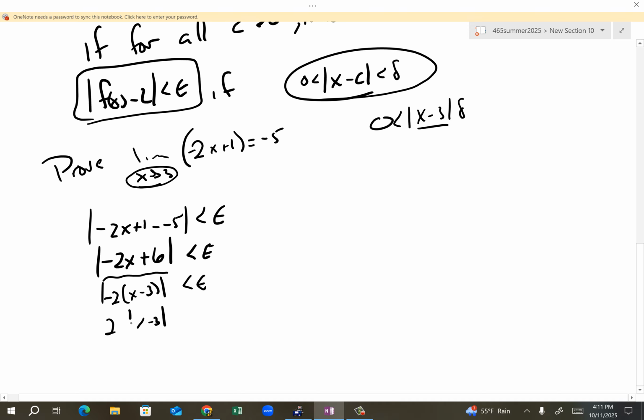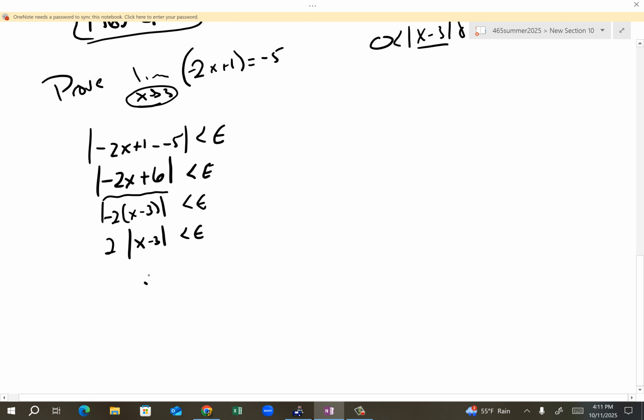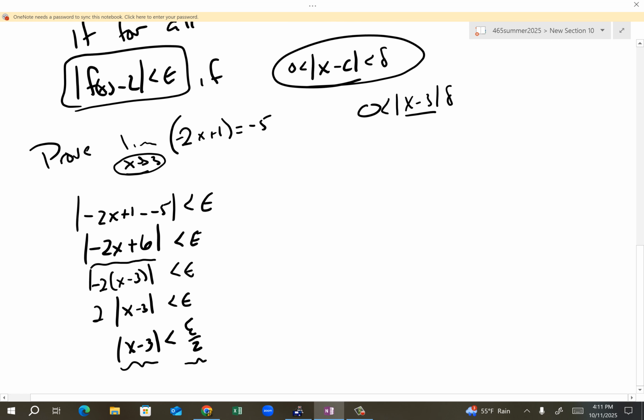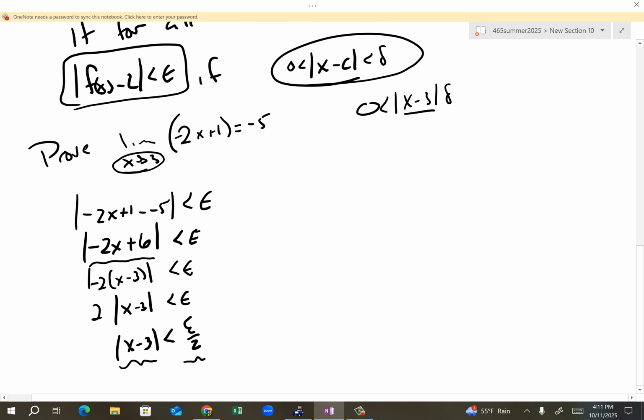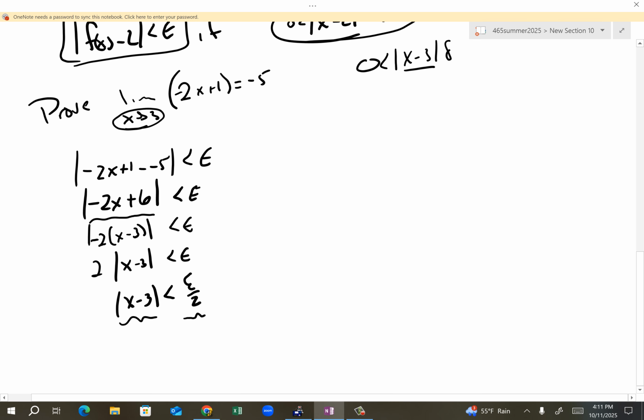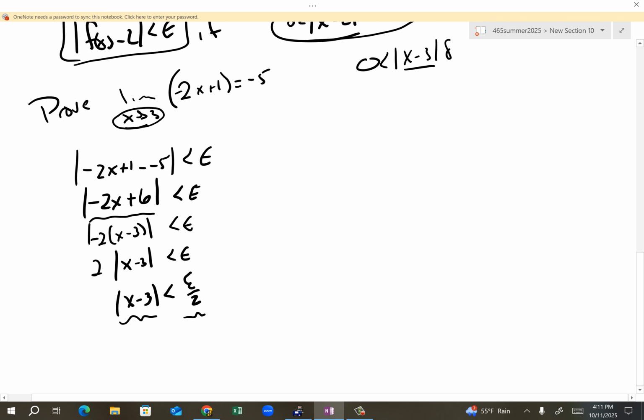What I really want is epsilon over 2. As long as this is less than this, we should be good. Now, what does that tell me? We've picked our epsilon, had it picked for us.